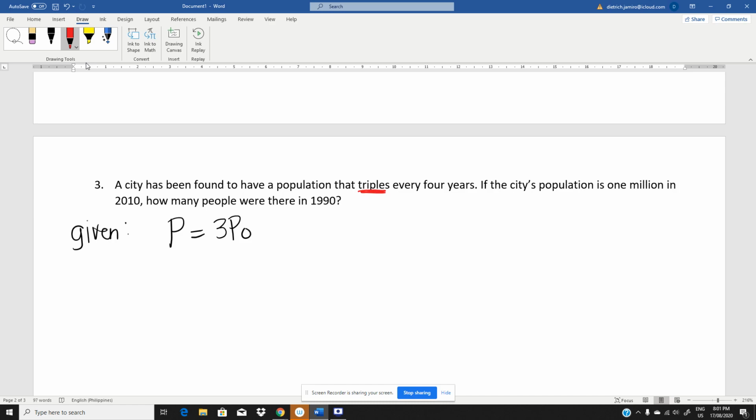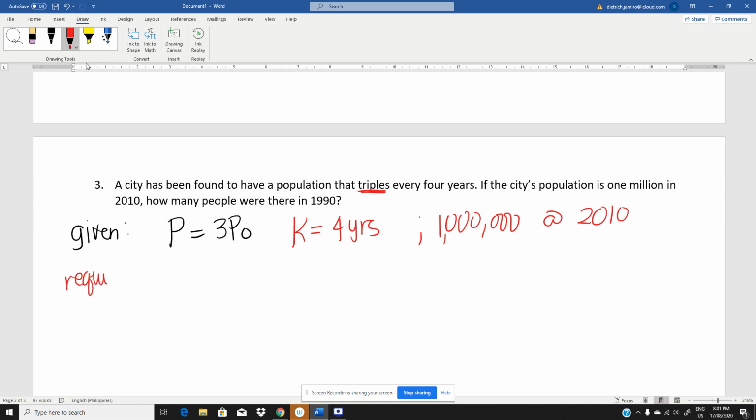So meaning initially we have P sub O, and after 4 years it will become times 3. So we will have P is equal to 3 P sub O, and then our time is 4 years. And then we are also given that we have 1 million population in 2010.